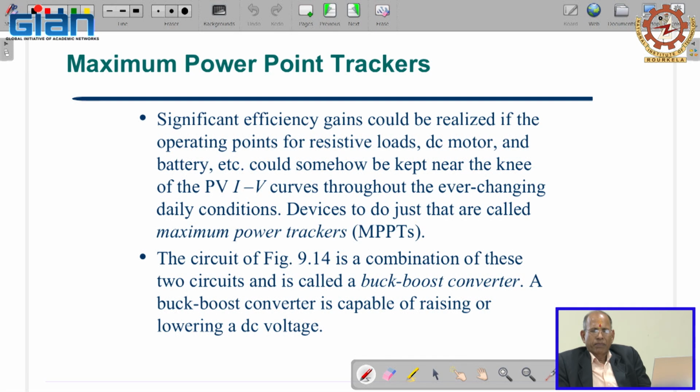It says that efficiency gain can be significantly realized if the operating point for a resistive load, DC motor, battery, etc. could somehow be kept near the knee of the PV IV curves throughout the ever-changing daily conditions. As you see, insolation keeps on changing, so the IV curve keeps on changing.